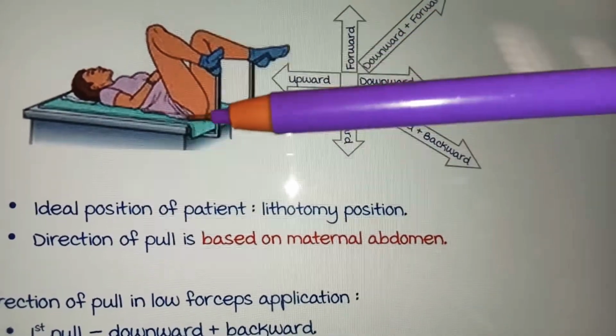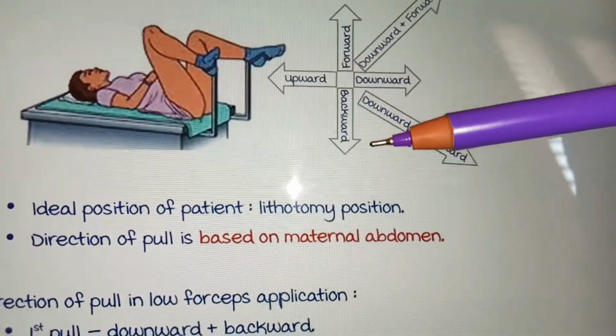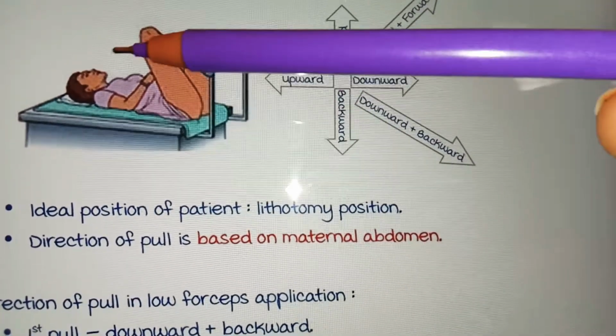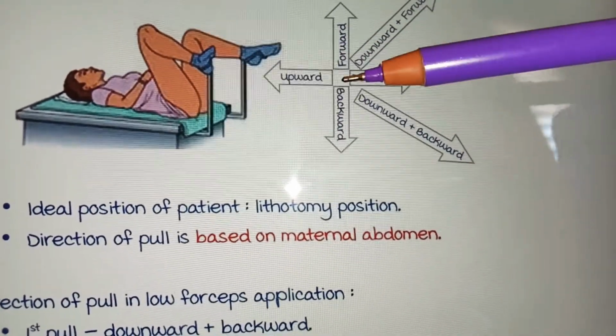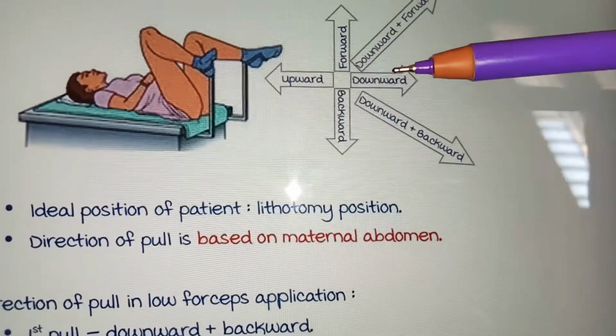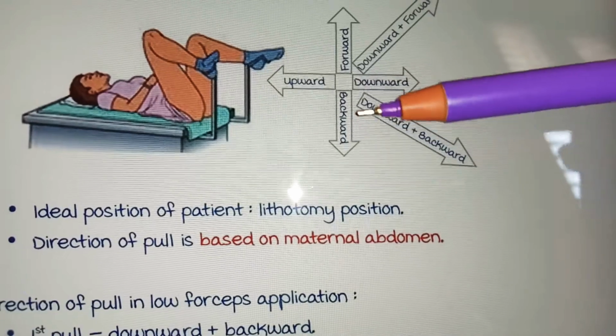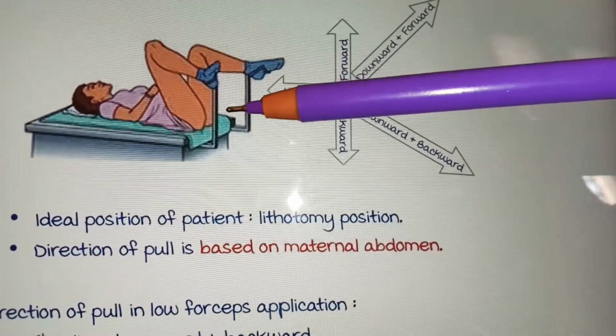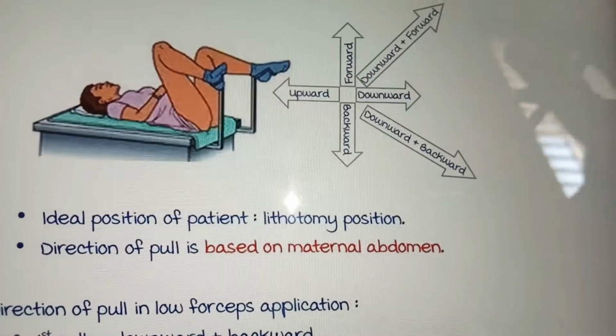Forward because it is up according to the mother, and backward because it is towards the mother's back. This is upward because it is towards the mother's face side, and this is downward because it is the mother's lower side. This is downward and backward because it is towards the mother's downward and backward side, and this is downward and forward because it is towards the downward and forward side of the mother.